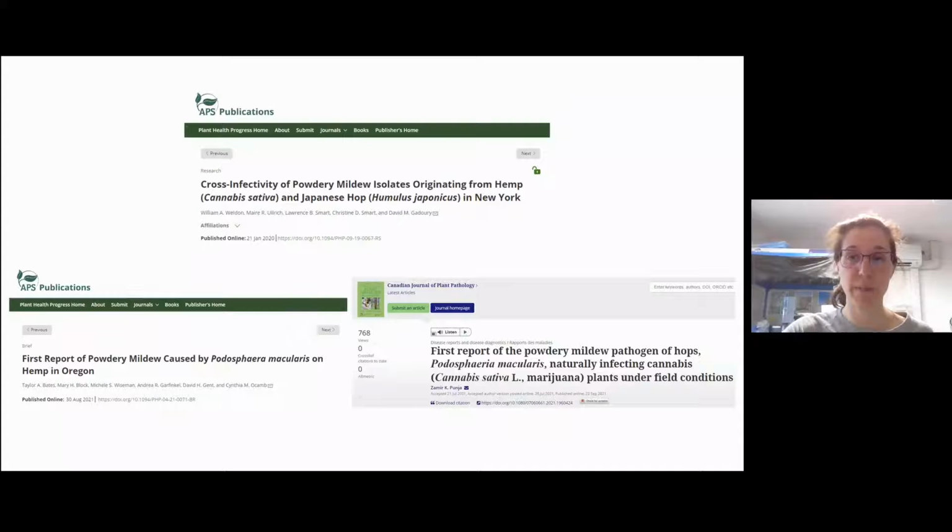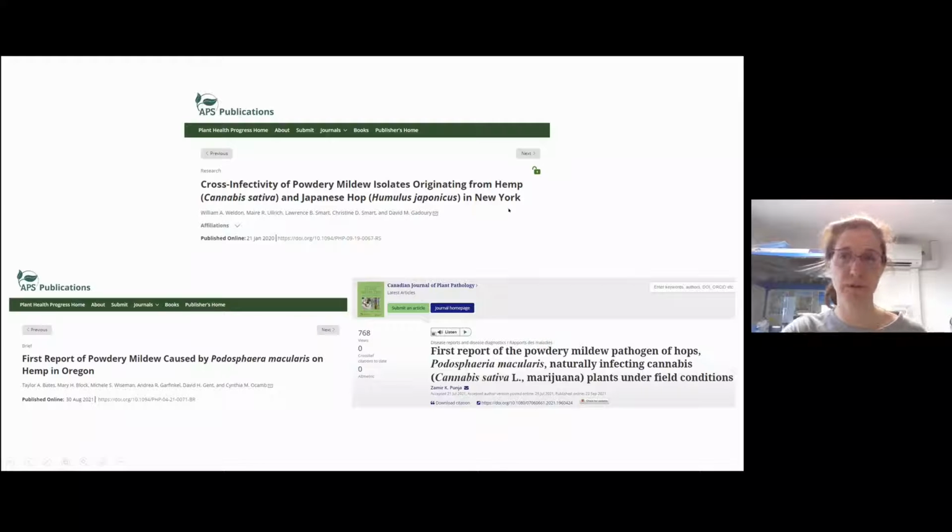So there was a study done in New York in 2020 that asked this question: can the hop powdery mildew infect hemp? At this point in time, they hadn't found it naturally occurring in the field, but they took this fungus and intentionally tried to inoculate hemp with the fungus from the hops, and were successful in doing so.